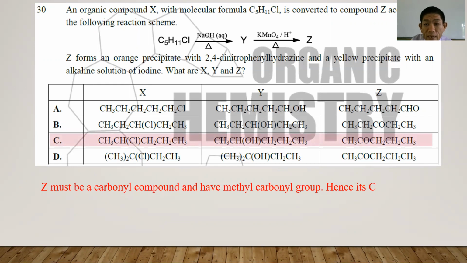So far the answer in here will be C. Correct, ketone. C is the answer. And then as for D, D will yield a tertiary alcohol for Y, and then a tertiary alcohol cannot further oxidize. So that is why D cannot be correct.